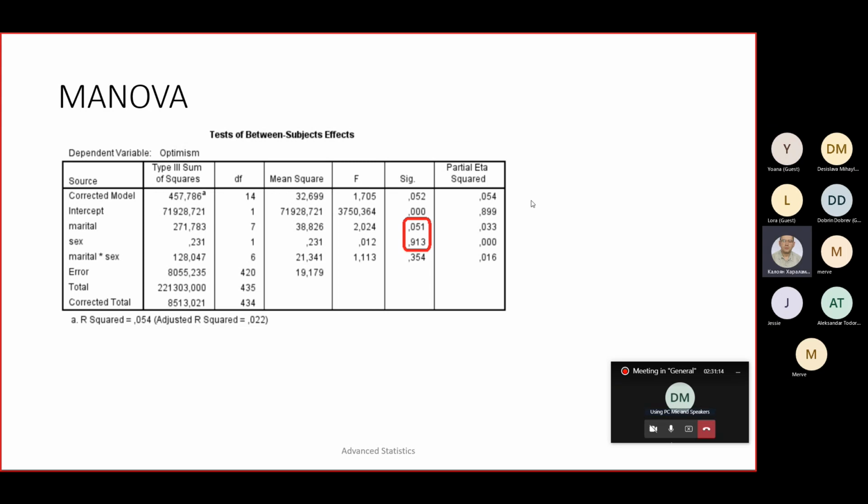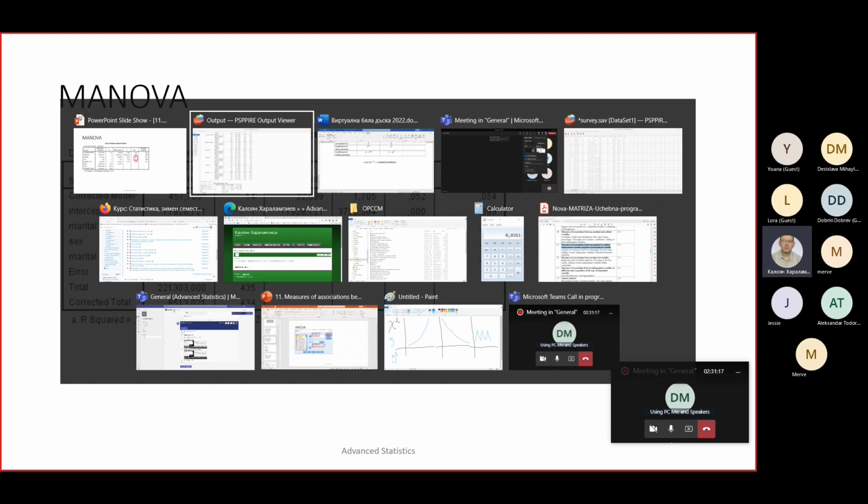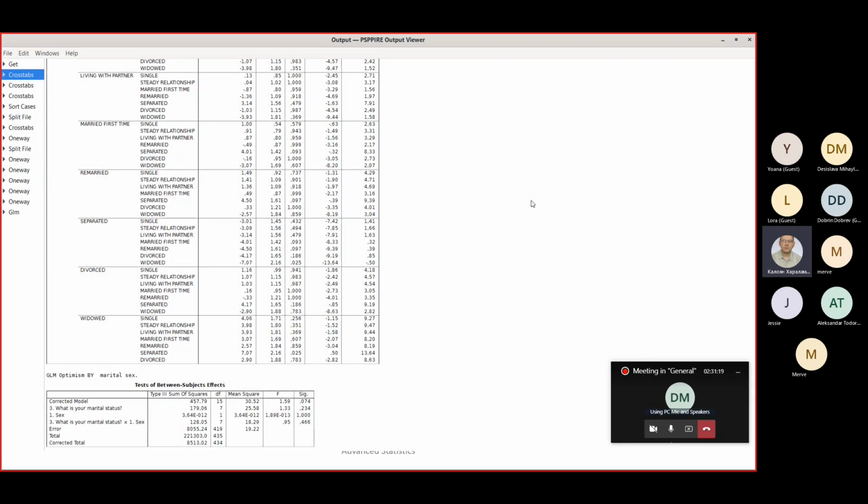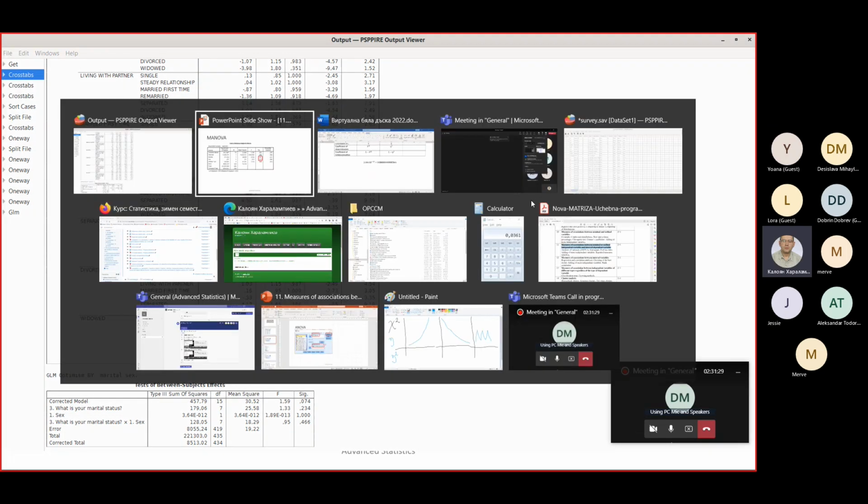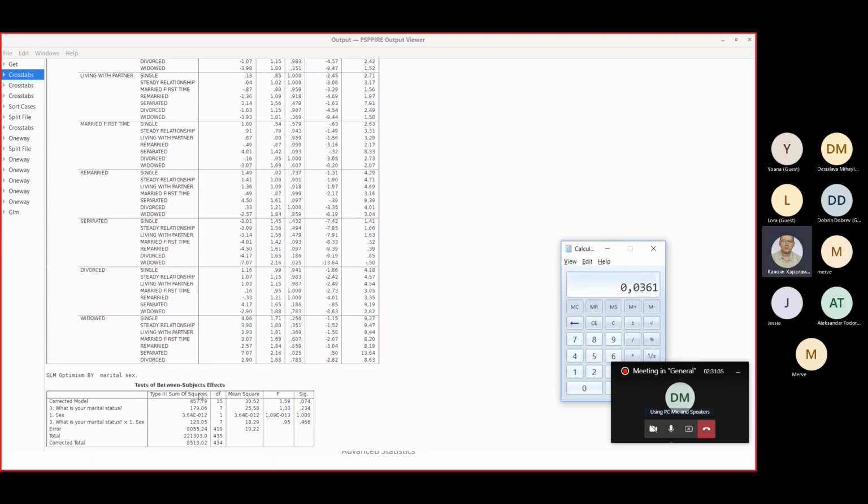As I said, in PSPP, there are no such numbers, but we can calculate them again by dividing the type 3 sum of squares by this one, not corrected model, but corrected total.